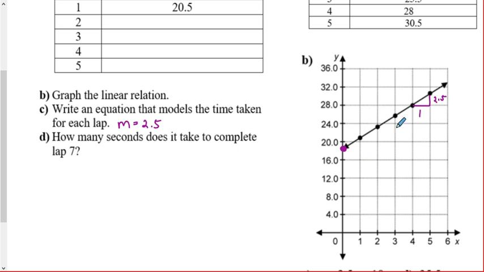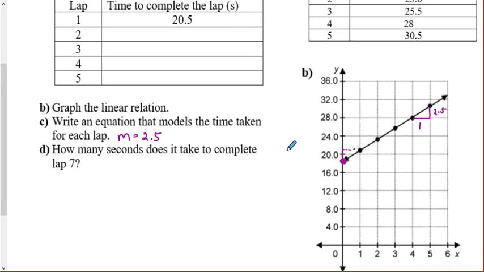It looks like we can take the point before and just go down 2.5. So where did we start? Well, we started at 20.5. So let's go down 2.5 from 20.5. Let's go 20.5 minus 2.5. That's going to put us at 18.